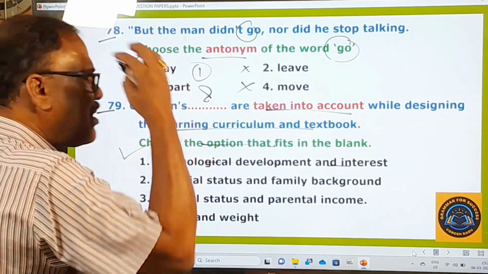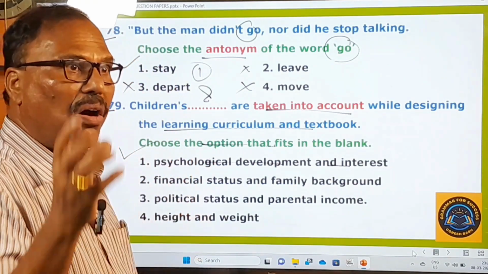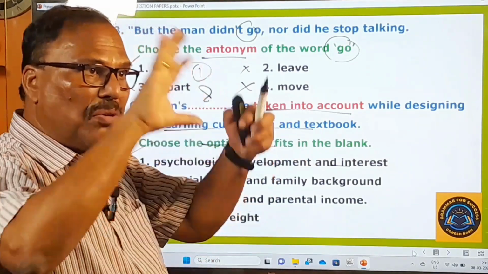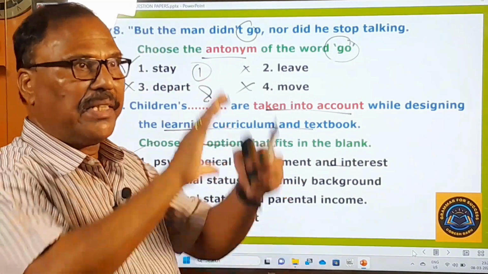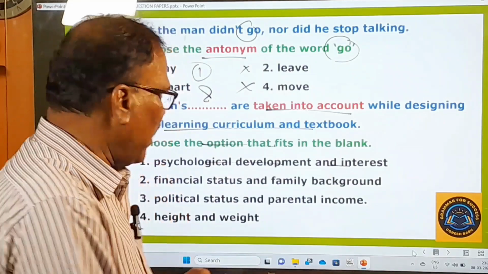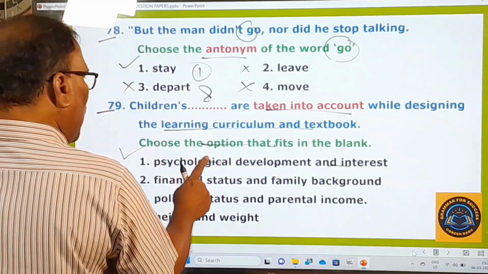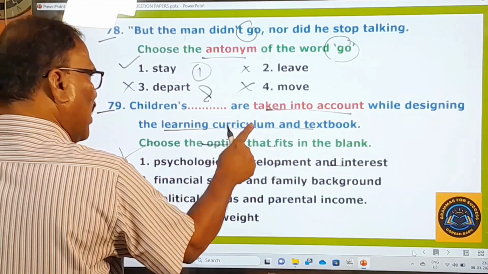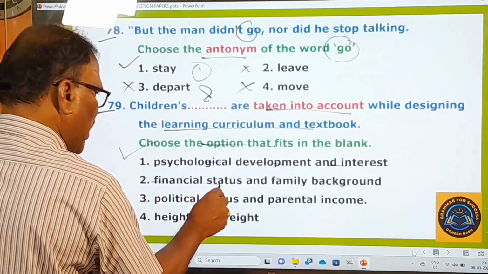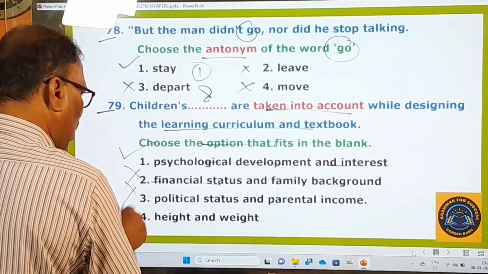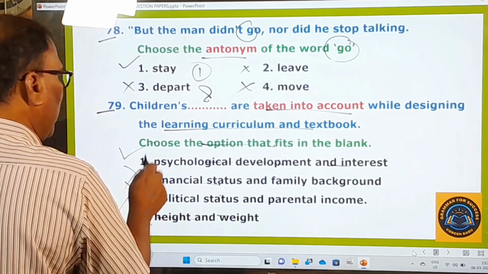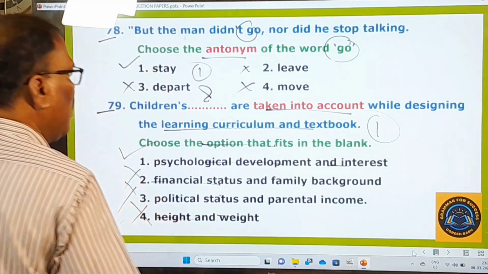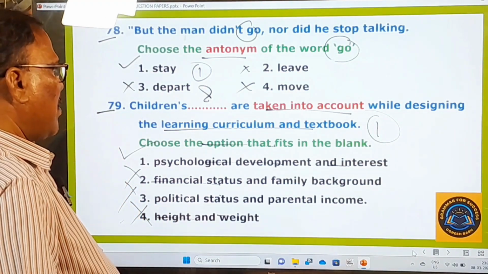According to the psychological development of the children, the curriculum must be prepared. The textbook must be prepared. Okay, that's why the children's psychological development and interest are taken into account while preparing the learning curriculum and textbook. Not financial status, wrong. Political status, wrong. Height and weight, wrong. Only the first one is the right one and all others are wrong. And now let's move on to the next question.